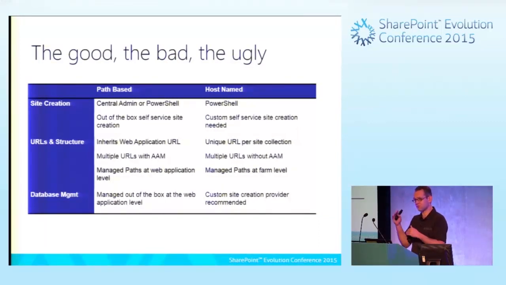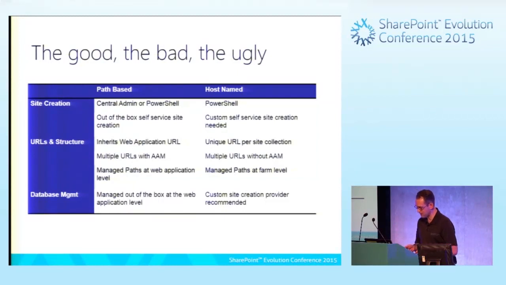That means that there is a supportability, or there's a threshold limit of 20 managed paths per farm, maximum, because after that, performance starts to decrease. That means that you can have a maximum of 20 different managed paths across all your site collections, hostname site collections. So think about which managed paths you create. I always try to stick with the default, like sites or projects or teams, some 4 or 5 maximum for performance.